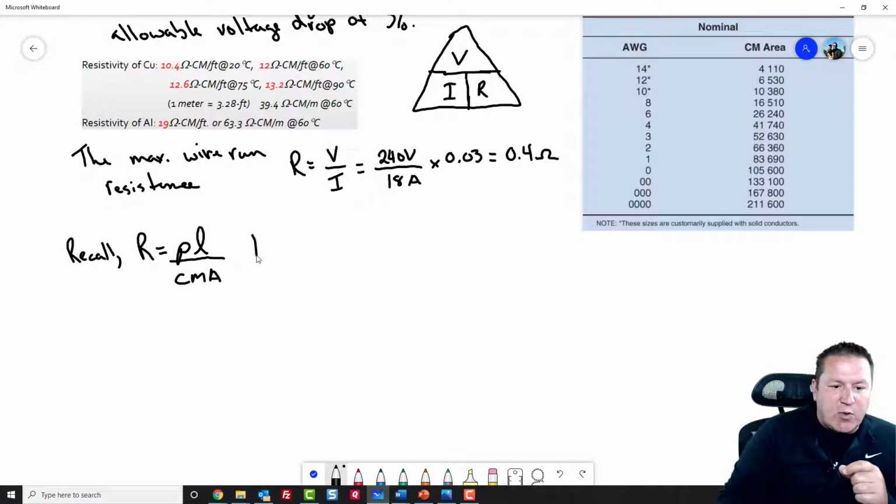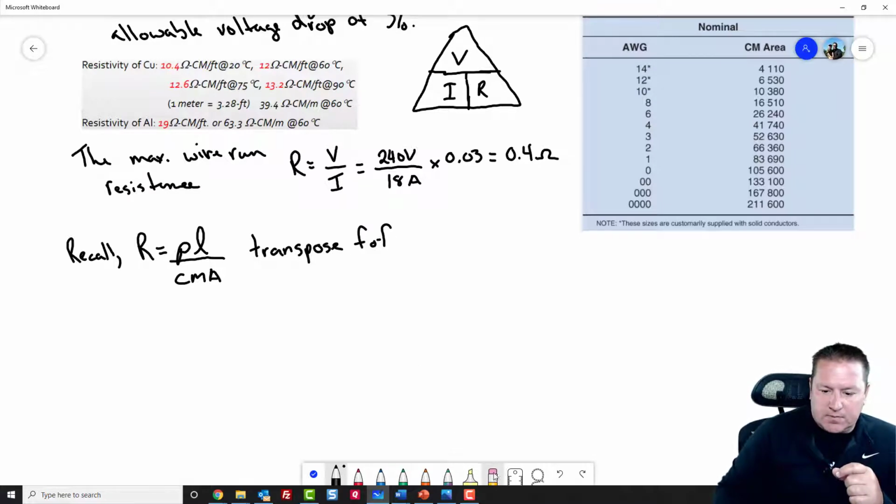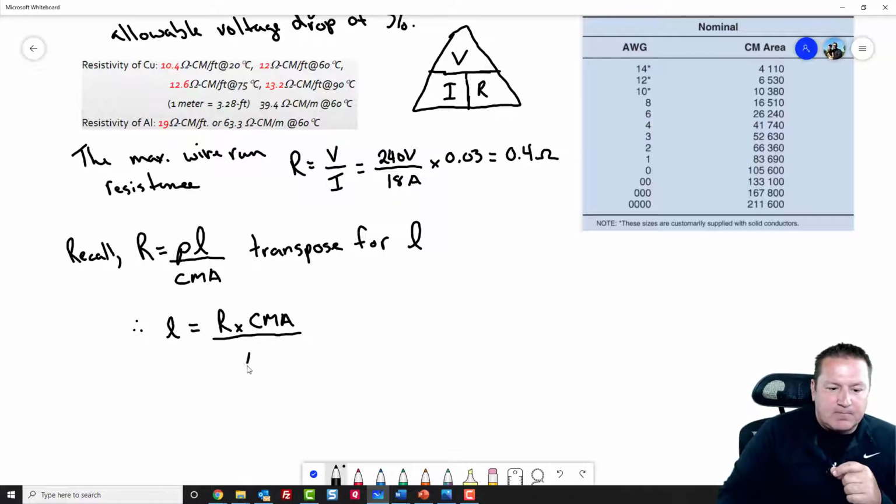And if we transpose that equation for length, L equals, so we want to isolate the length here, R times the CMA over the resistivity. Okay? And now what do we have to do? Well, we have the resistance, we just solved for it right here, right?